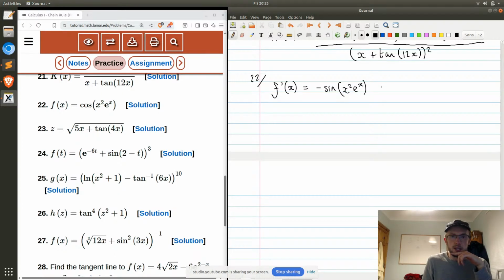And then differentiate the inside one, and that is a product. So I make a big bracket here. And now I'm on the product layer. So 2x e to the x plus x squared e to the x.